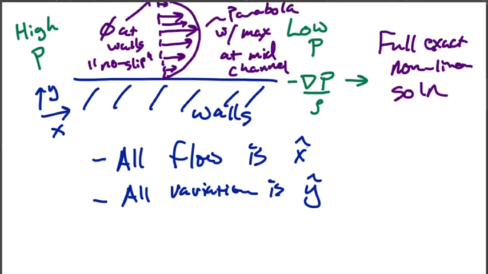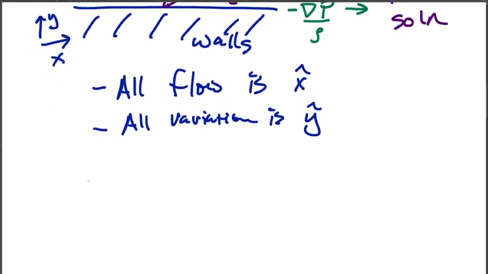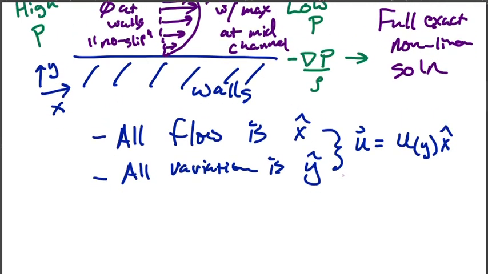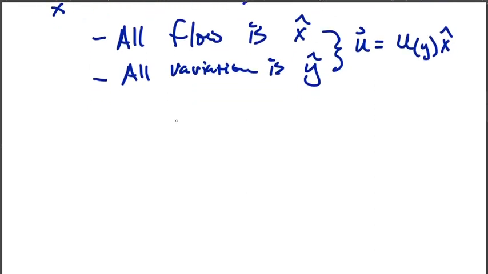What that really is to say is that the u vector equals u in the x hat direction as a function of y alone. So this is our full velocity vector, and this has complete power. This is the unique thing about Poiseuille flow here. So let's consider our terms u dot grad operating on u, and let's write this out in all of its full glory in Cartesian coordinates.